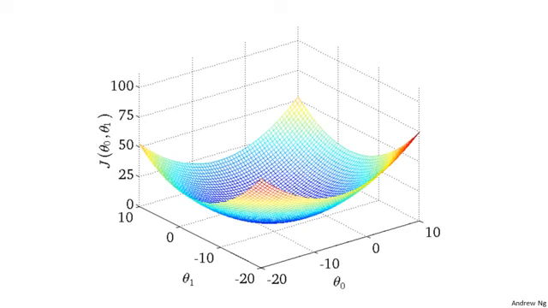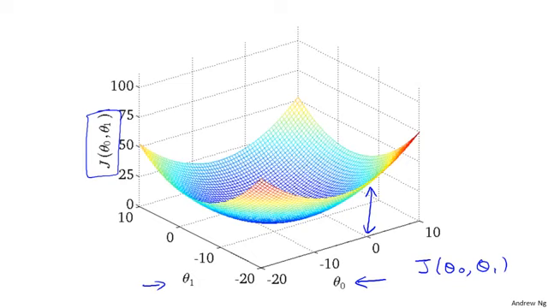So this is a 3D surface plot where the axes are labeled theta 0 and theta 1. As you vary theta 0 and theta 1, the two parameters, you get different values of the cost function J of theta 0 comma theta 1. And the height of this surface above a particular point of theta 0, theta 1, that's the vertical axis, indicates the value of J of theta 0 comma theta 1. And you can see it has this bow-like shape.